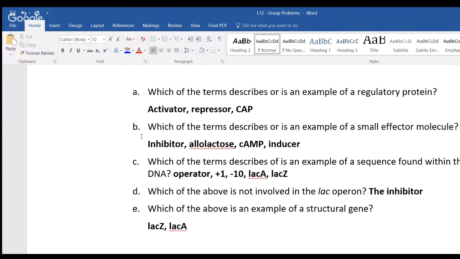Sequences that are found in the DNA are the operator, +1, -10, lacA, and lacZ. So even though the lac inhibitor is present, it's not actually involved in the lac operon. But the structural genes are lacZ and lacA.